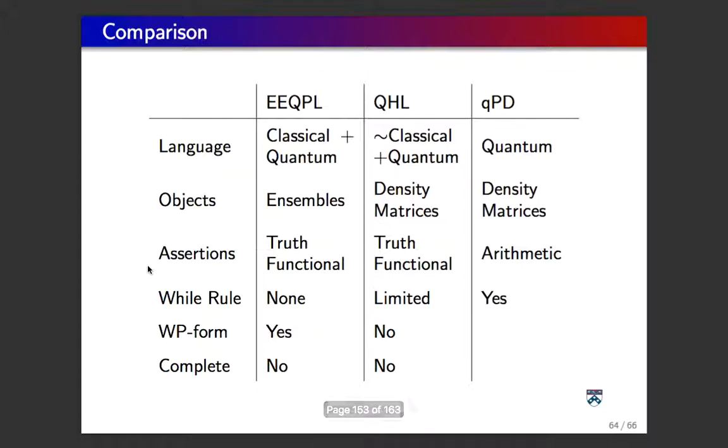We have a while rule, and it's not limited in the ways the previous ones were. It's in weakest precondition form throughout, and there's a proof of completeness, and this completeness means that any of the triples that we can express using these conditions can be proven using this logic, or that are sound that we can express using these conditions.